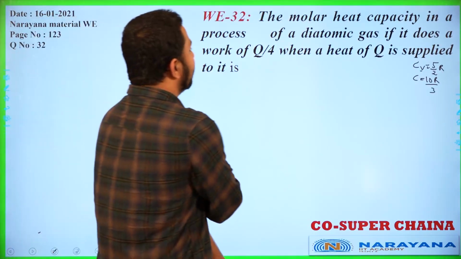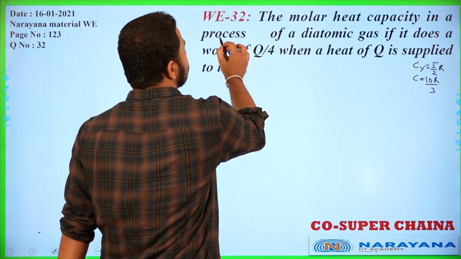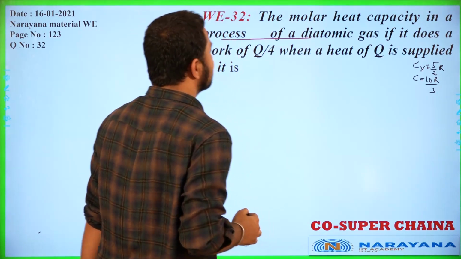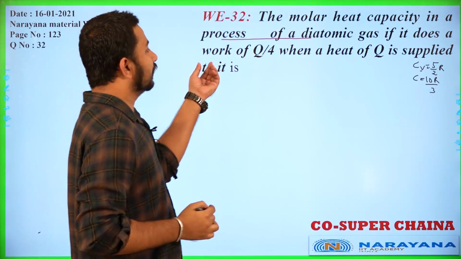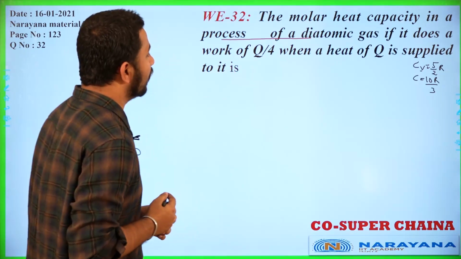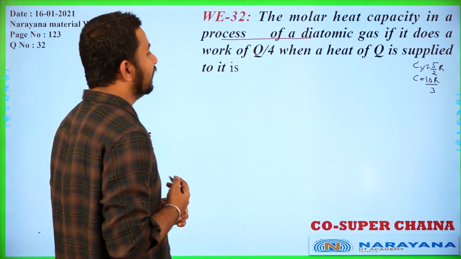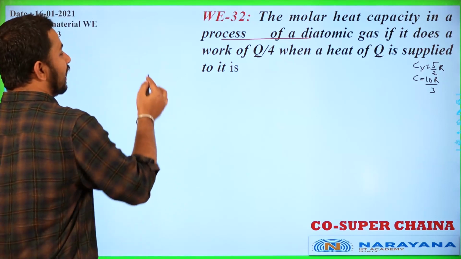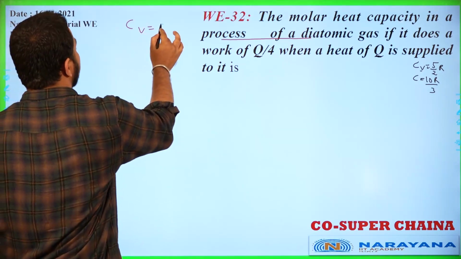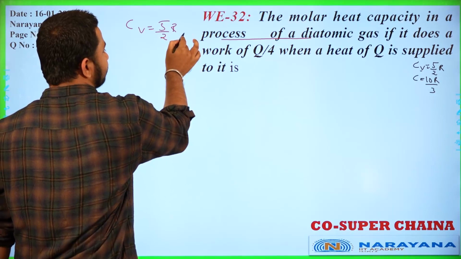The molar heat capacity in a process of a diatomic gas: the gas does a work of Q by 4 when the heat supplied is Q. So here, a diatomic gas is given, so CV will be equal to 5 by 2R.